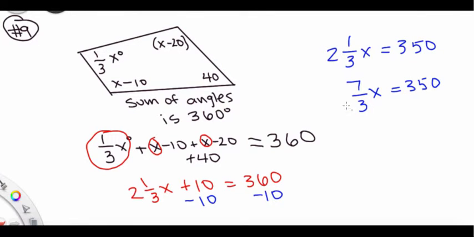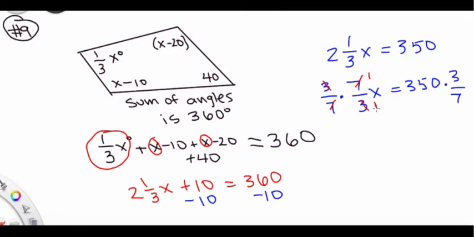All right, and now we're going to multiply each side by the reciprocal of 7/3, which is 3 over 7, in order to undo the operation of division. So 3/7 times both sides. You'll notice that on this side, 7 divided by 7 is just 1, and 3 divided by 3 is just 1.